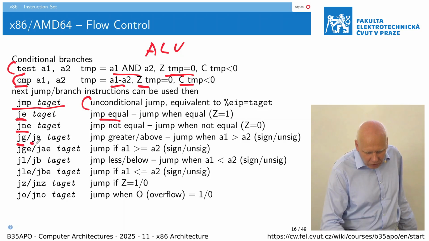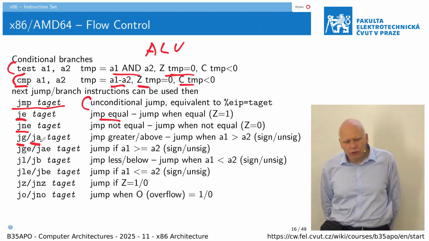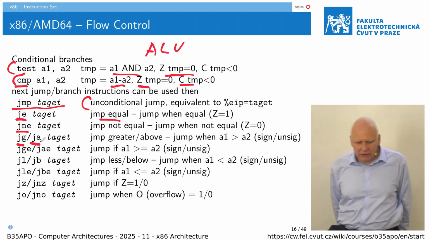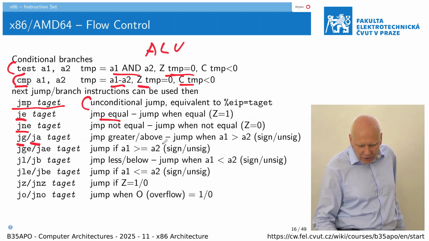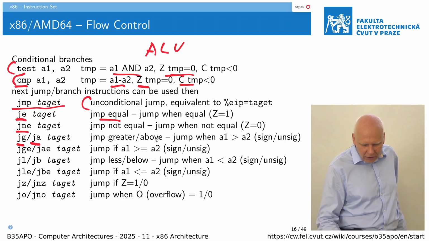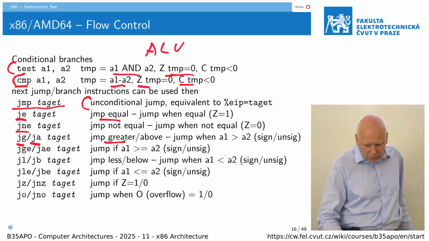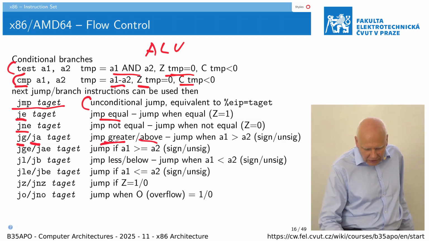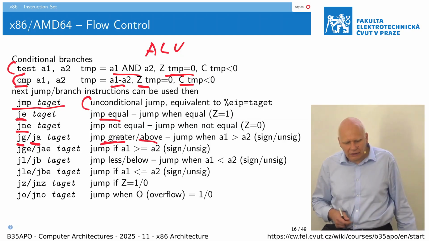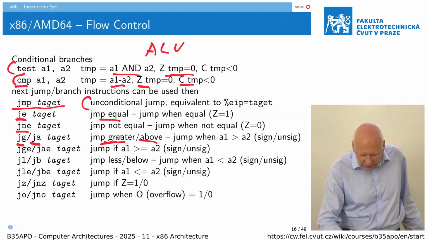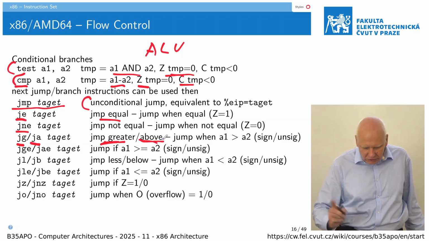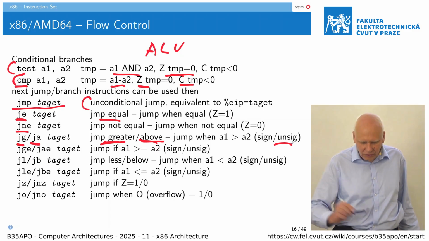Jump on greater or jump on above. So you can specify the jump in the case of signed and unsigned comparison. So greater is signed, and above is unsigned. Yes, unsigned, it is correct.